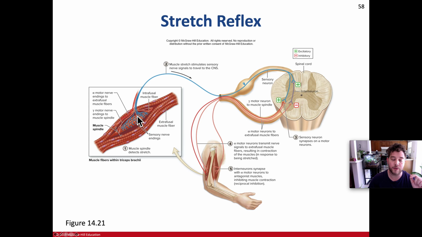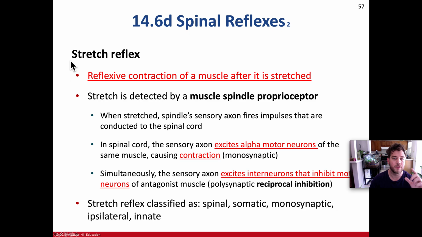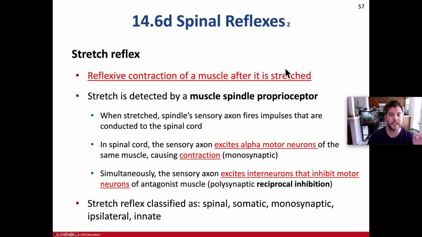And then around the intrafusal fibers, there are these sensory nerve endings that are sending signals to the spinal cord about the stretch reflex. So the stretch reflex is the reflexive contraction of a muscle after it is stretched.